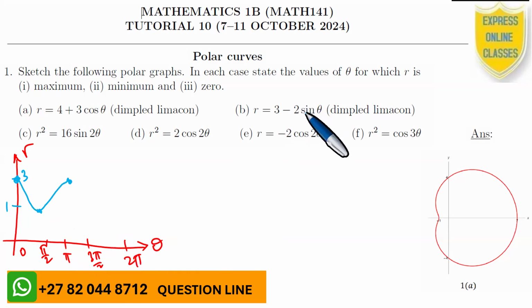At 3 pi over 2 it is a minus 1, which is going to be minus 2 times minus 1, which is just going to be 2, giving us a 5. At 2 pi, it is 3.